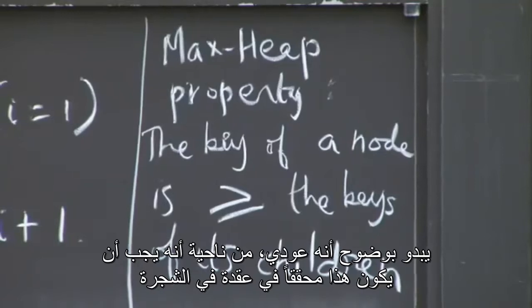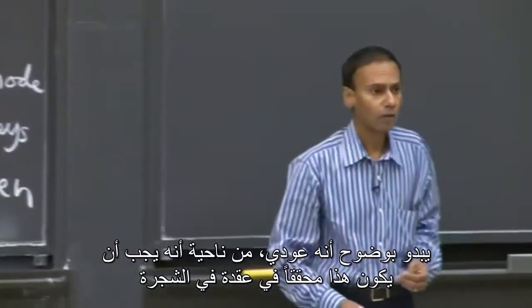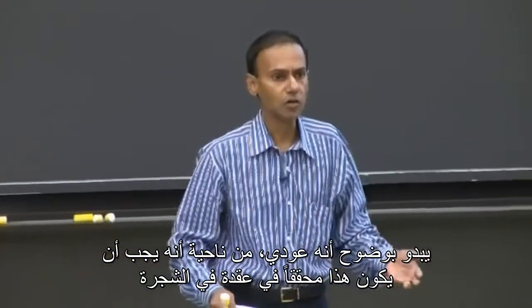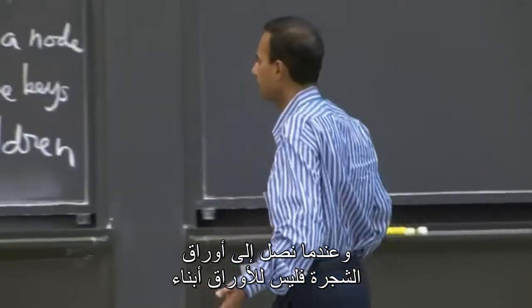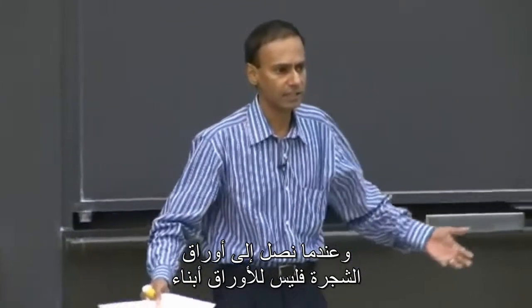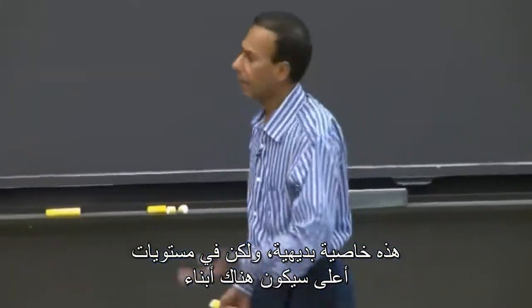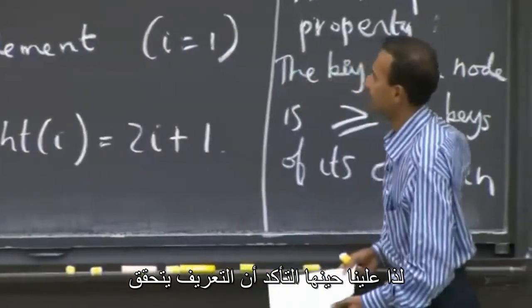It's obviously recursive in the sense that you have to have this true for every node in the tree. And when you get down to the leaves of the tree, they're not children corresponding to the leaves, so that's a trivial property. But at higher levels, you're going to have children, and you have to check that.